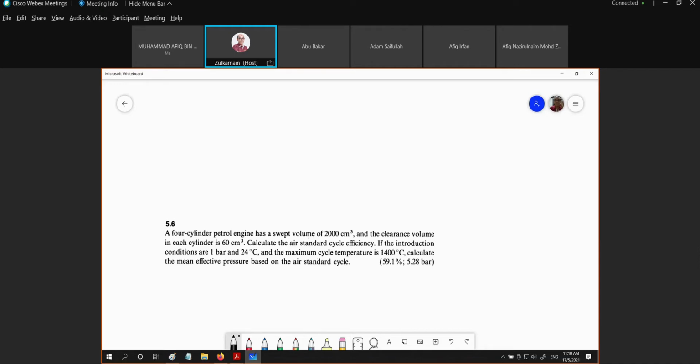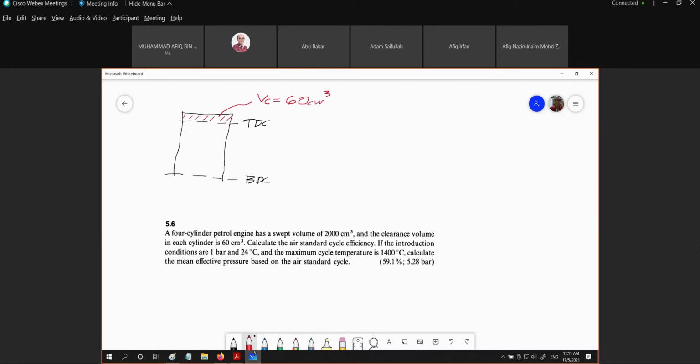So if you look at one cylinder, this should be our TDC, and this should be our BDC. The red part should be our Vc, the volume of 60 cubic centimeters.